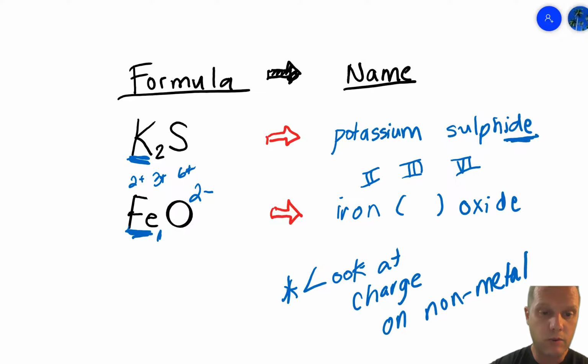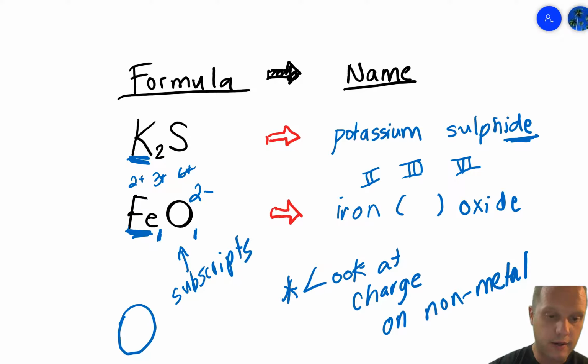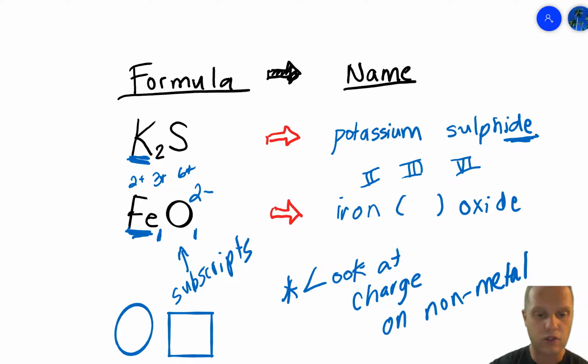The little number that's written down here, it looks like there's nothing here, but you need to remember that these are the subscripts. And the subscripts tell you how many atoms you have. In this case, we have 1 iron and we have 1 oxygen. I'm going to draw the oxygen as a square, and remember it has a 2 negative charge.